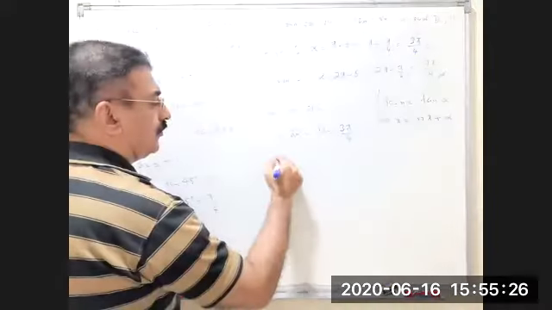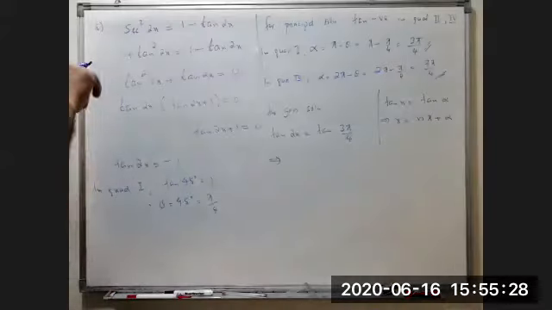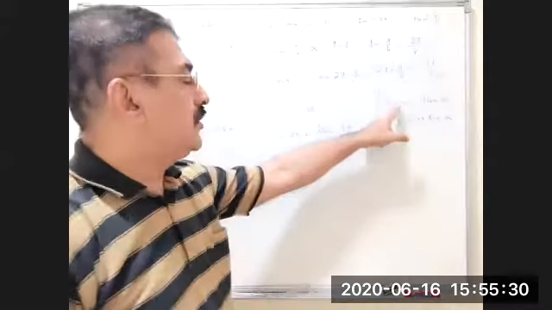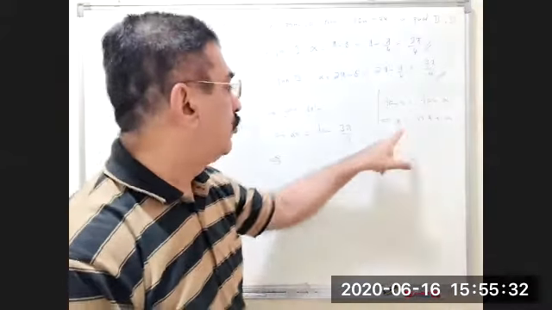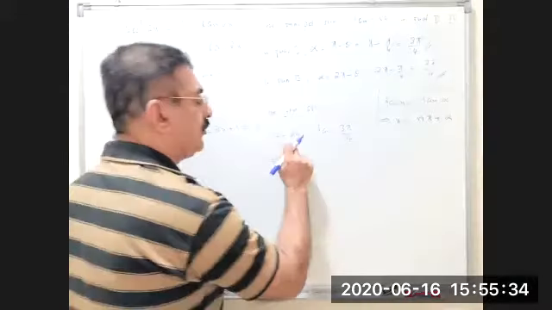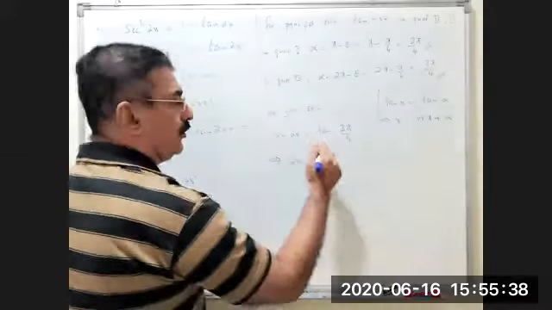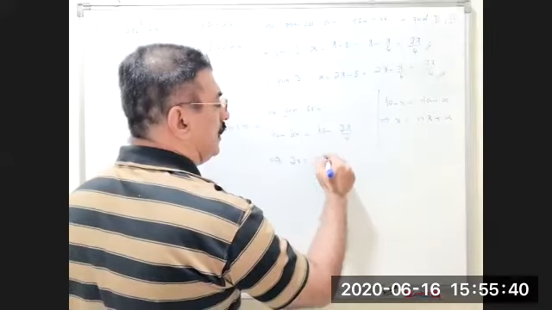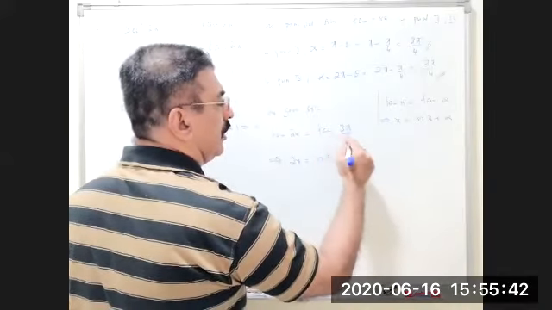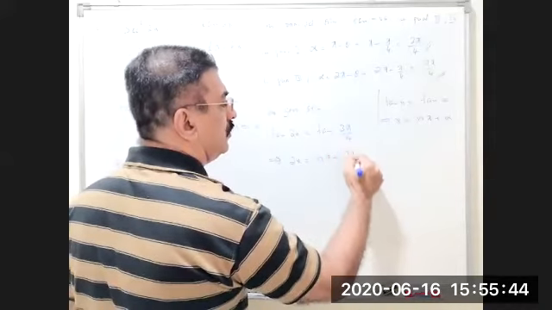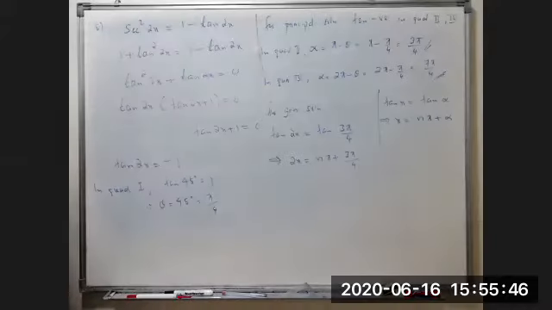If tan x is tan alpha, x is n pi plus alpha. So here, instead of x it is 2x. Write the formula: 2x is equal to n pi plus alpha, which is 3 pi by 4. x is n pi plus 3 pi by 4, divided by 2.